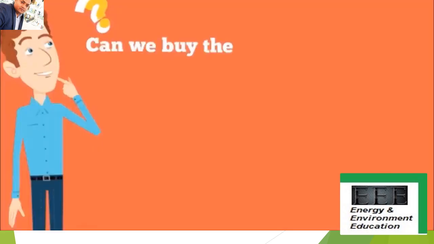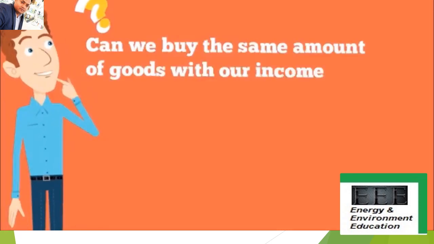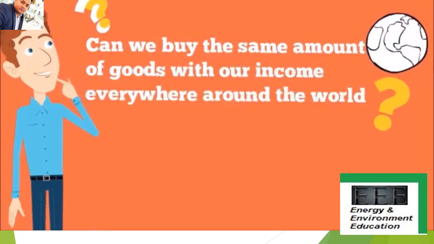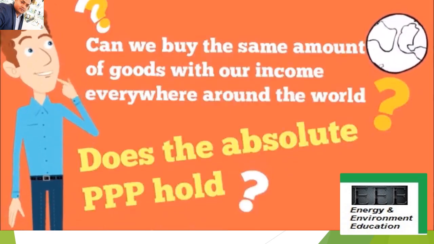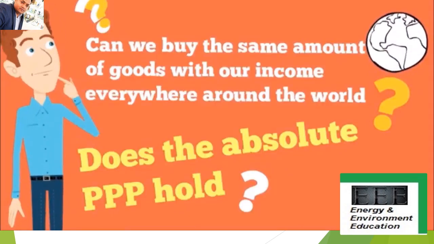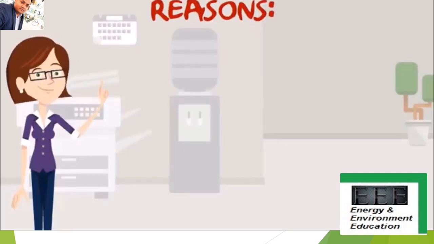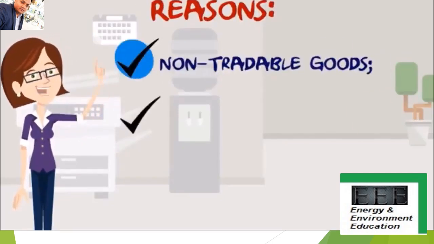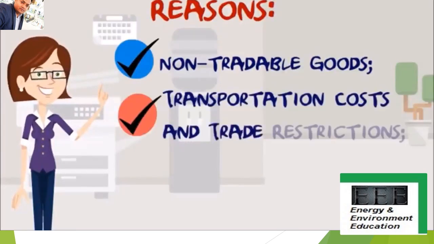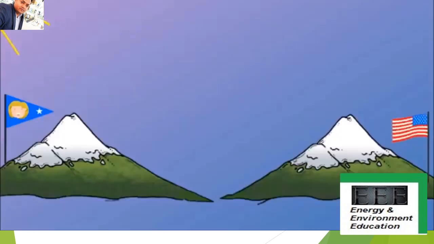But can we buy the same amount of goods with our income everywhere around the world? Does absolute PPP hold? Well, actually it does not. Here are some of the reasons why absolute PPP does not hold: non-tradable goods, transportation costs, trade restrictions, imperfect information, etc. As we said earlier, when goods are traded, prices will become equal.